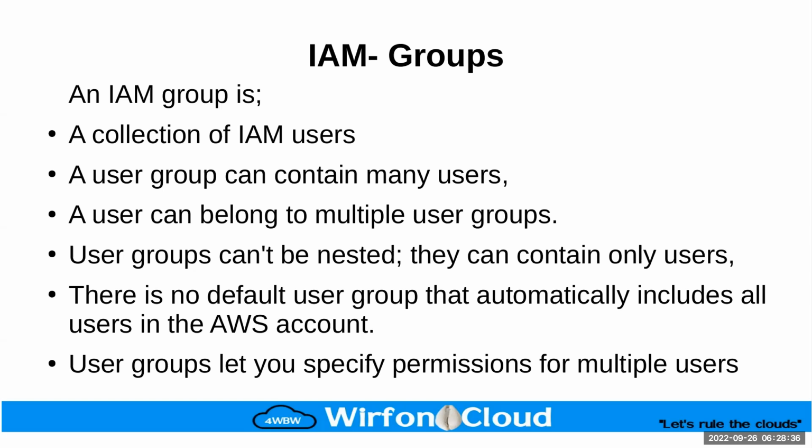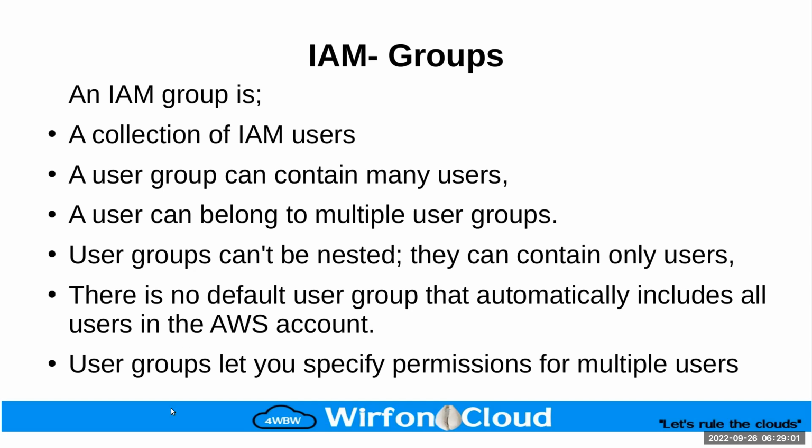Applying individual permissions to 400 people would be a very big task. So you create a group where all of them belong, you apply permissions to the group, and everyone inside that group immediately inherits those permissions. That's what you should think of.